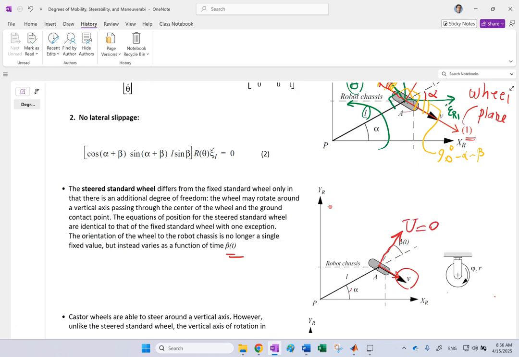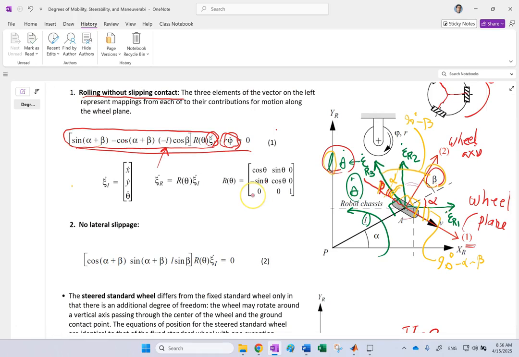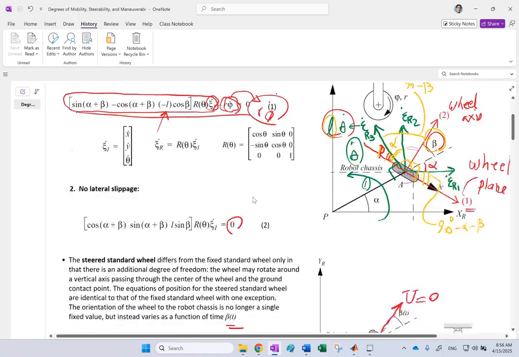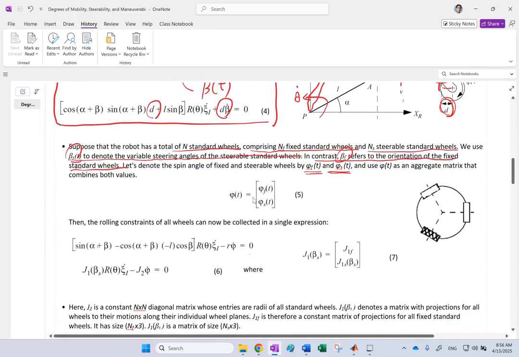But in this longitudinal direction, I'm not limiting it. Because again, I add a constraint, but this is not equal to 0. There is no null space here. You bring this r phi dot to this side, and that constraint equals r phi dot, which is not equal to 0. There is no nullity here. The rank is full rank, so it is not imposing any limitations on my degrees of freedom. So I just wanted to clarify that for you.